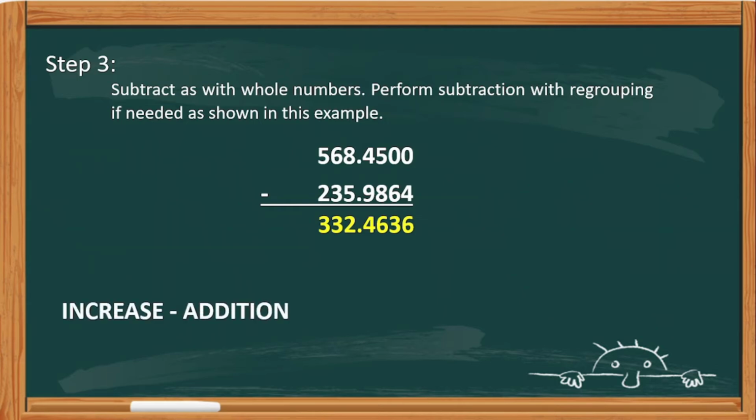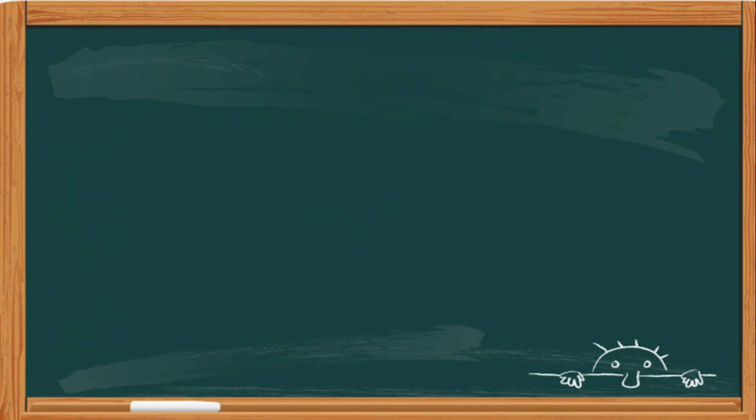Let's always remember, if we use increase, it's addition. And if we use decrease, it is subtraction. Did you get the correct answer? I knew you could do it. Let's have one more try.